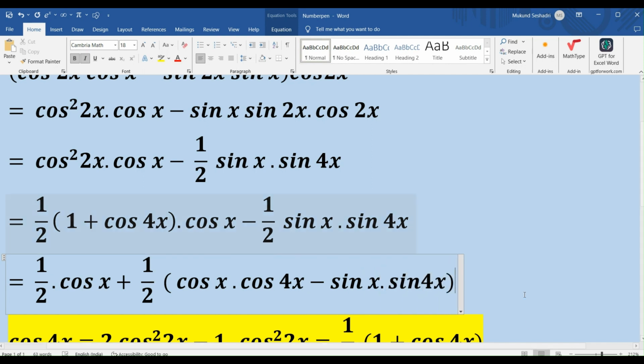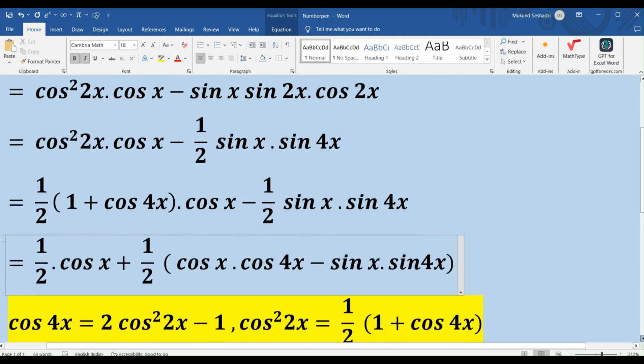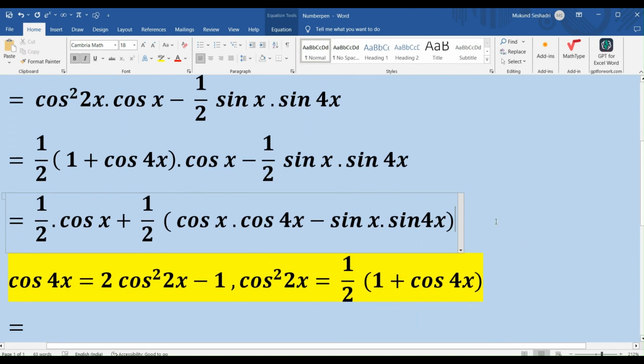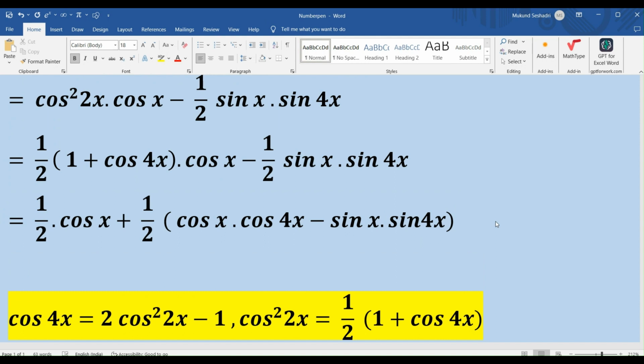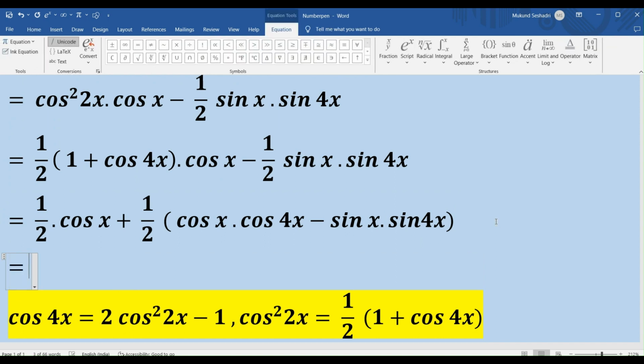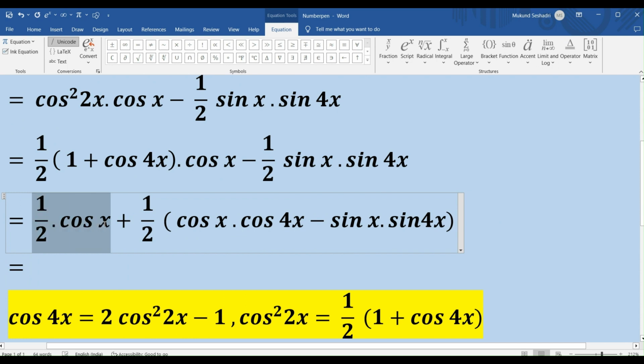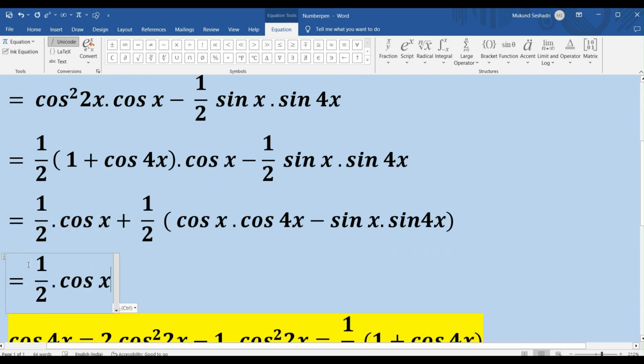And what is this? This is something very familiar to us. This is of the format cos A cos B minus sine A sine B. And what is that? It is nothing but cos of A plus B, right? So I have half of cos x here.